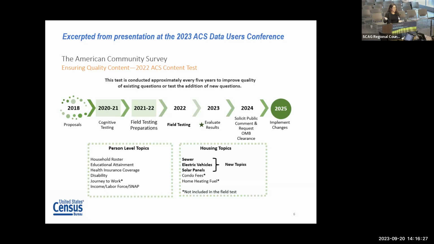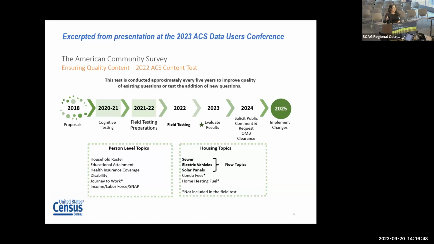That process takes about 5 years. Once the evaluation of results is done, there's a public comment period where, okay, here's all of the research we did and all of the work that went into it. Here are the questions we're thinking of adding. Are there any public comments on how to add, when to add, whether to add this question? And Office of Management and Budget clearance.